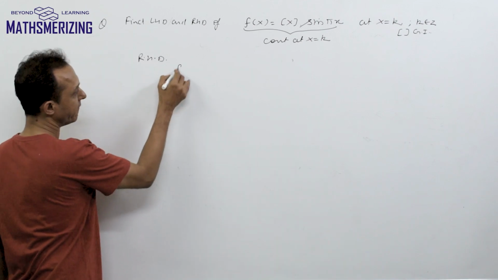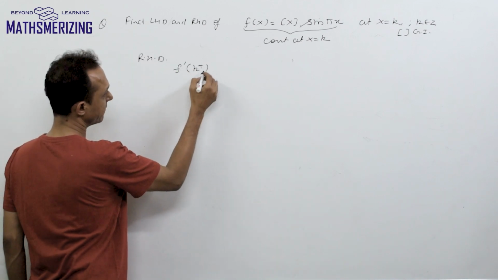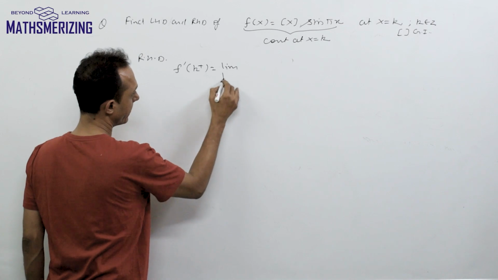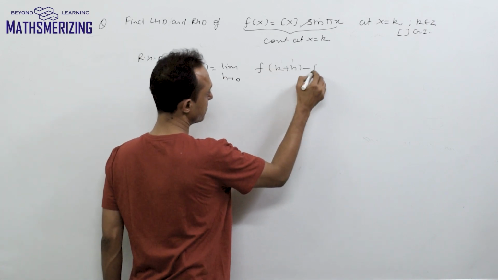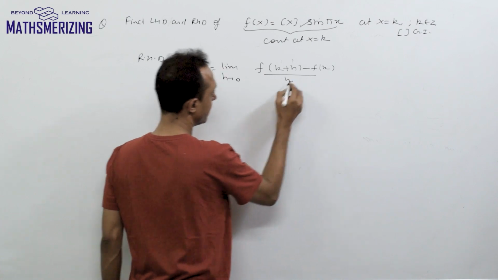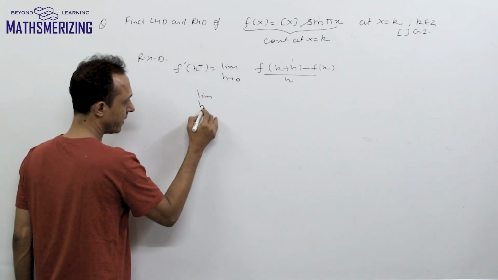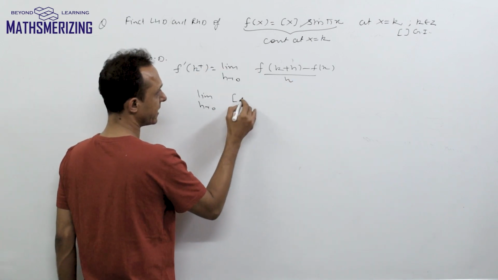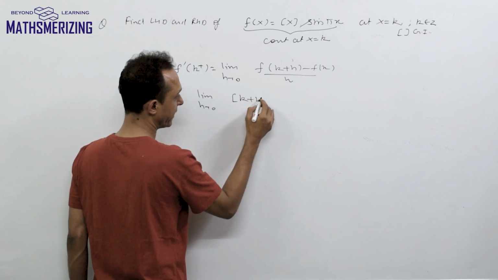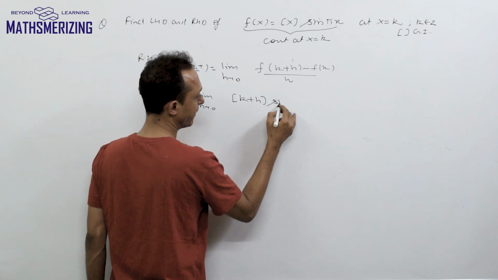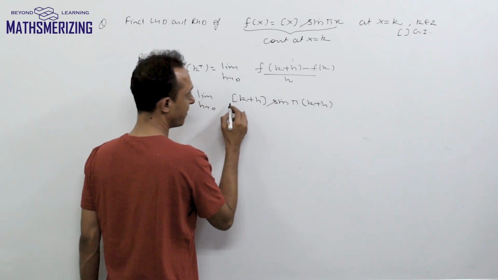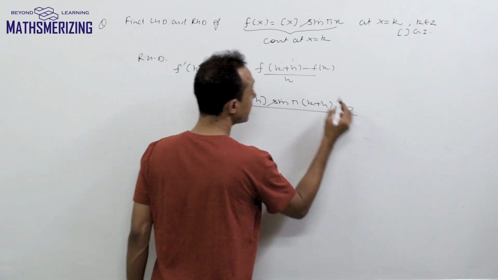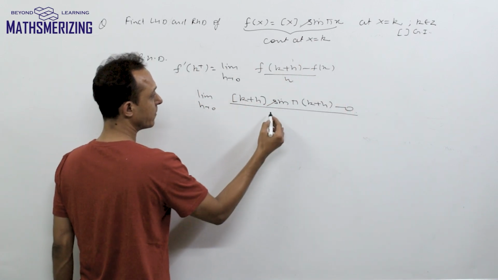Now its right hand derivative will be f dash k positive, which is limit h tends to 0 of f(k plus h) minus f(k) upon h. So I'll write it as limit h tends to 0, f(k plus h) is simply greatest integer function of k plus h into sine pi into k plus h, minus f(k), which is simply 0, upon h.